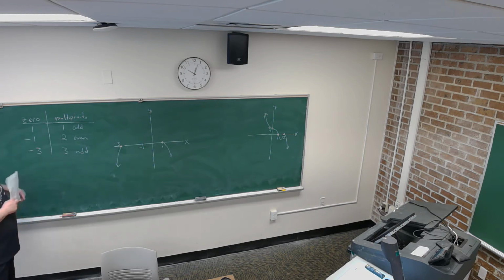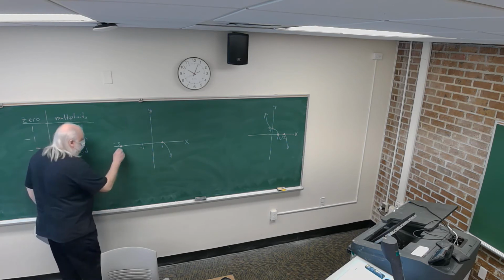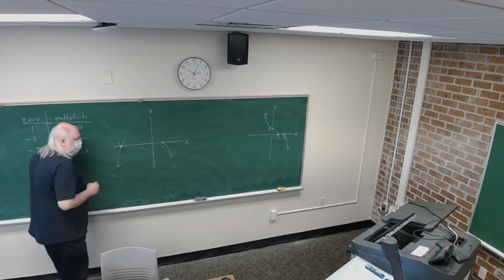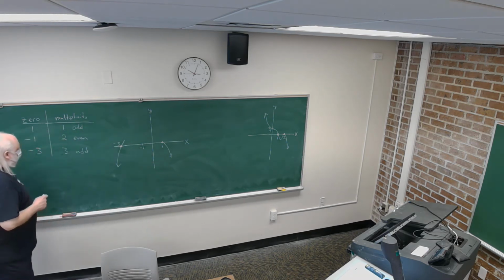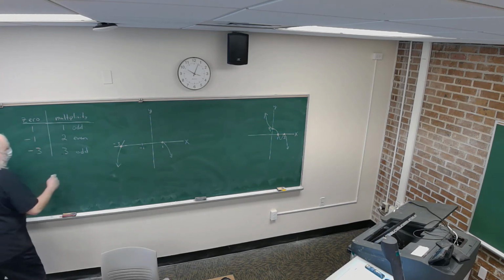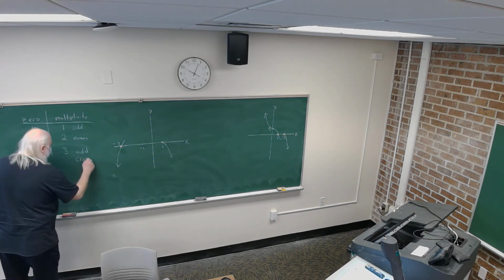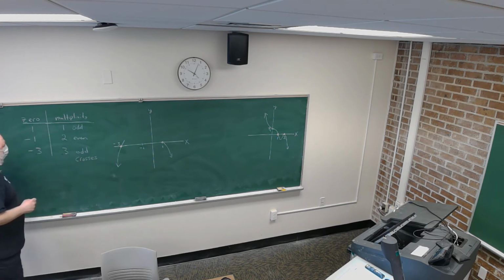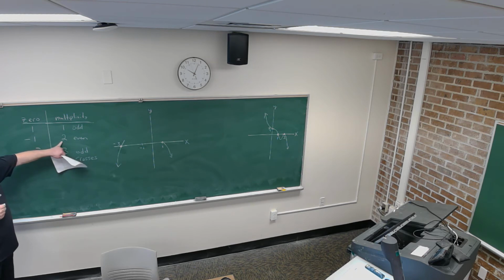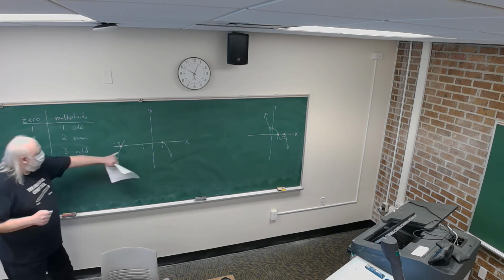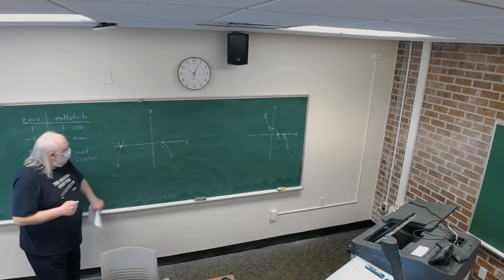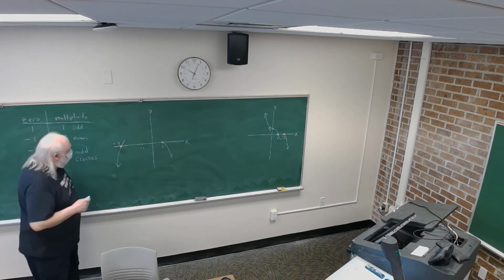Okay. Well, at x equals minus 3, the multiplicity is odd, so we know the graph crosses the x-axis at x equals minus 3. At x equals minus 1, the multiplicity is even, so we know the graph touches the x-axis, but it doesn't cross the x-axis.